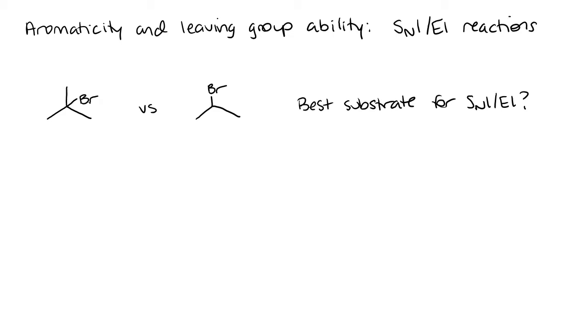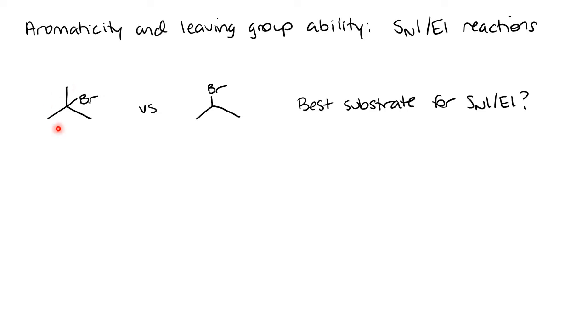Lastly, we'll talk about aromaticity and leaving group ability, specifically in SN1 and E1 reactions. So if we are considering these two substrates here, and we're trying to determine which is the best substrate for an SN1 or E1 reaction, we have to think about the mechanism for SN1 and E1 reactions. Now the rate determining step for these reactions is the formation of a carbocation. So in terms of these substrates, we want to think about which one is going to give the most stable carbocation.